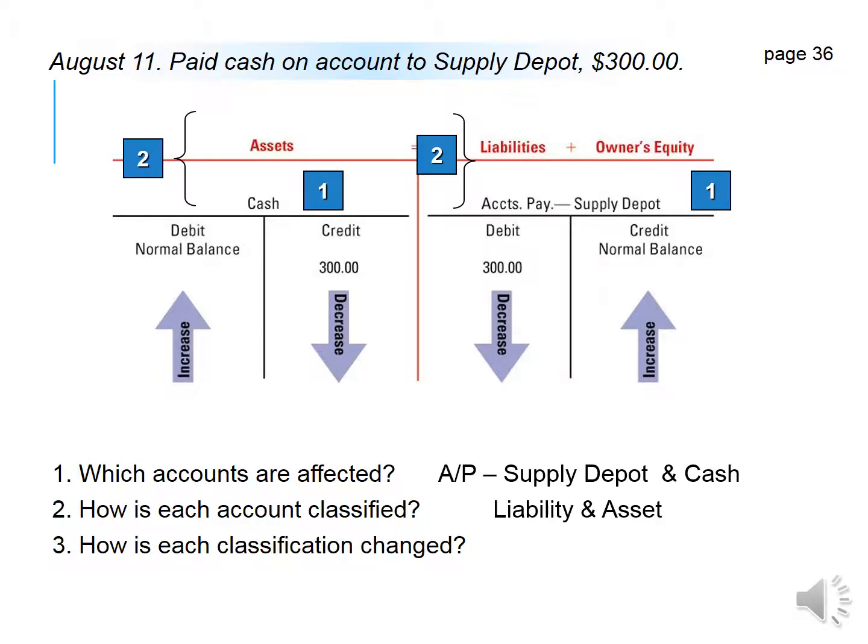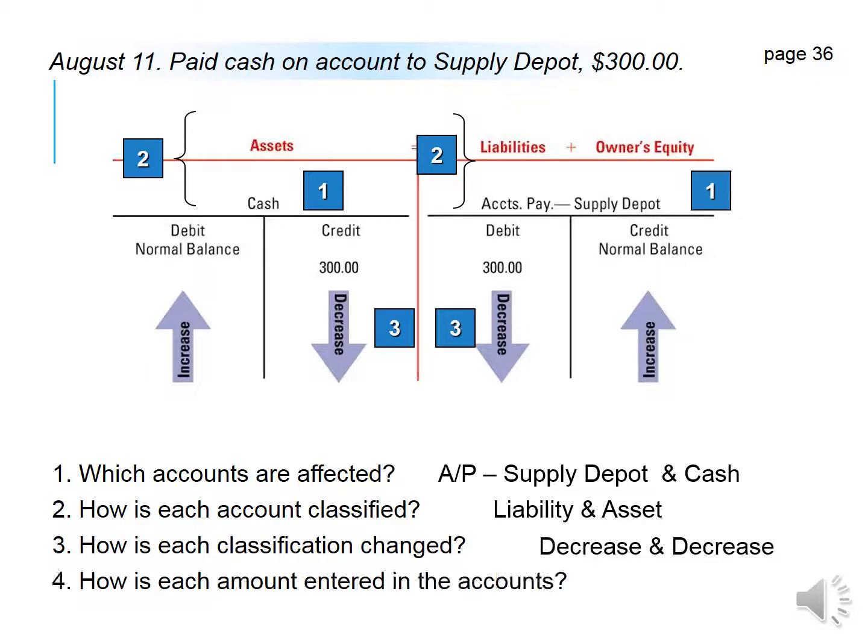How is each classification changed? Because we have incurred less debt, our accounts payable will decrease, and since we paid cash, we have less money, so our cash account will decrease. So both accounts will decrease. So how do we record these amounts?